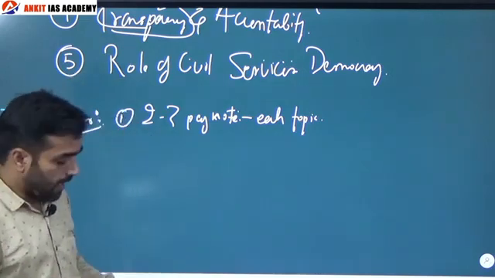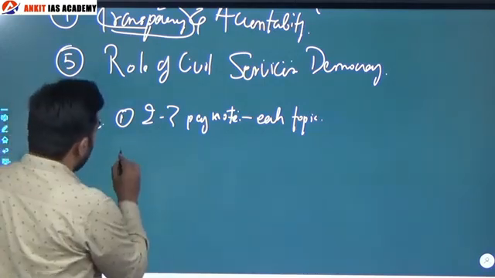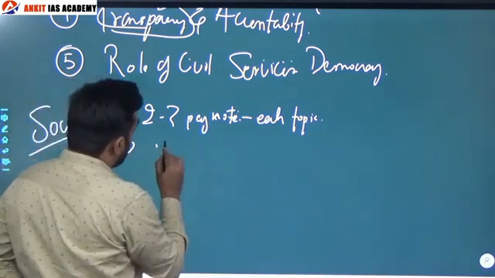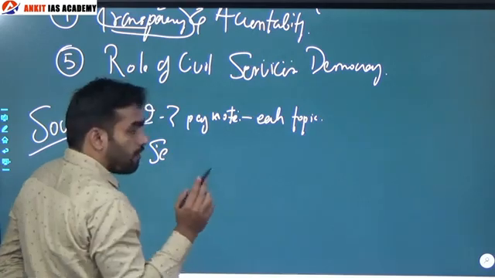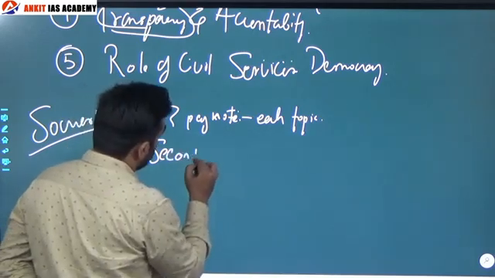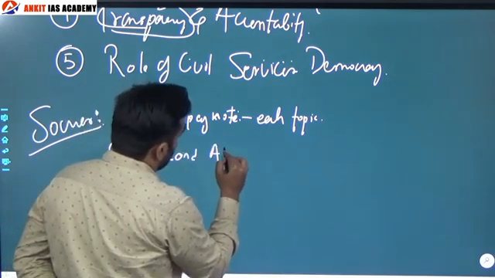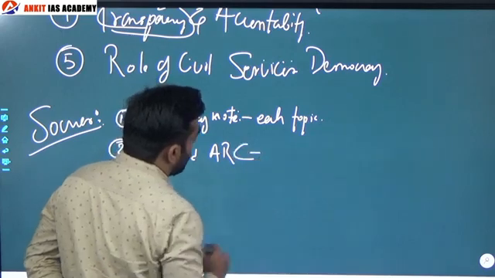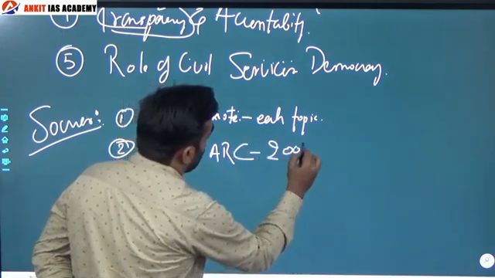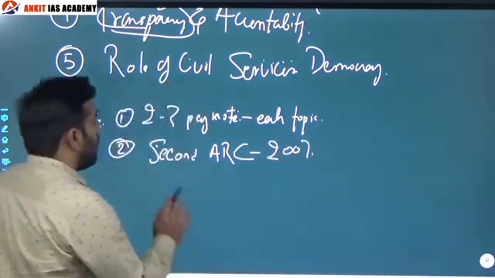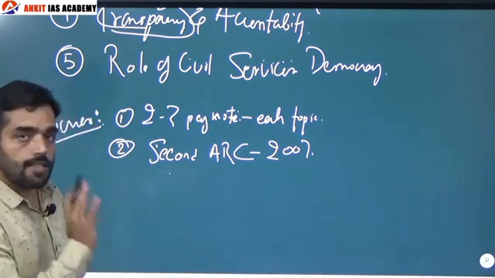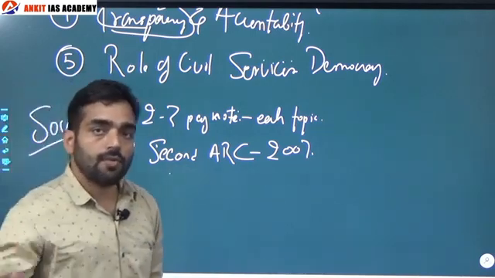Firstly. Secondly, there is something called the Second ARC, Administrative Reforms Commission. This commission gave its report in 2007, but even after 15 years, its recommendations are as relevant today as they were in 2007.